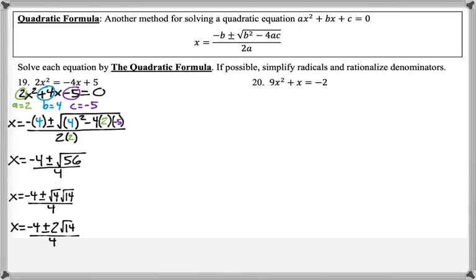And then I want to split up the fraction. And then I want to reduce both fractions.